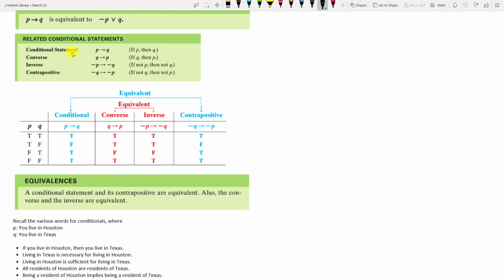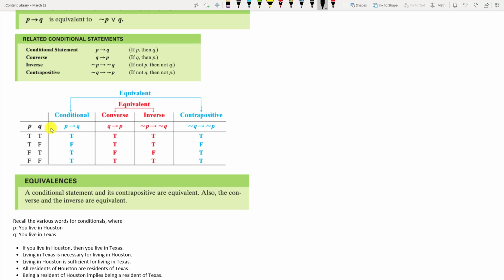Another version is if we keep the same order but negate both sides: if not P, then not Q. That's what we call the inverse. And finally, we have the contrapositive, where we reverse the order and negate both: if not Q, then not P.